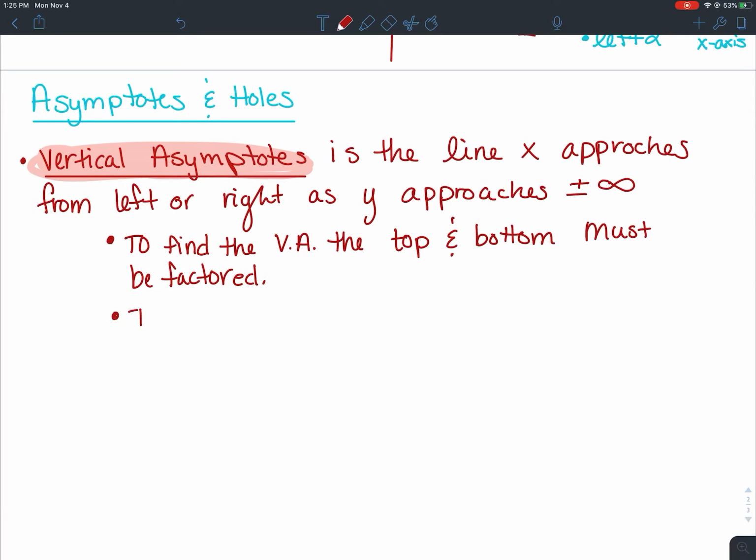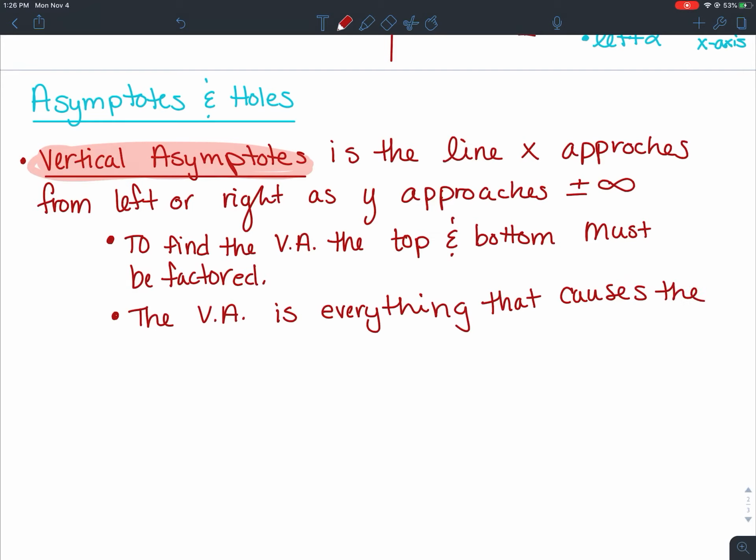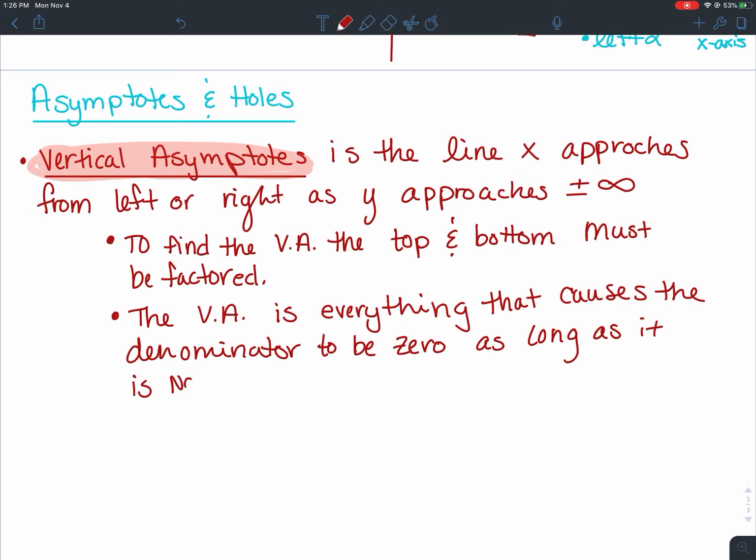The other thing is the vertical asymptote is everything that causes the denominator to be 0, as long as it is not a hole.